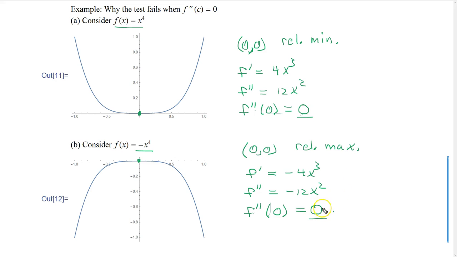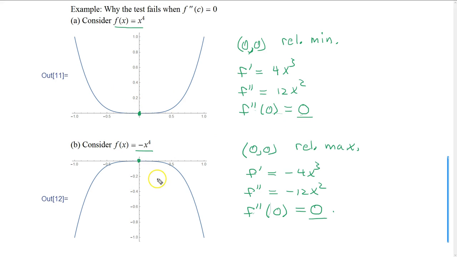So when the second derivative comes out to be 0, you have no idea whether you're going to have a relative minimum or a relative maximum, because here are two examples where either one happens when our second derivative is equaling 0. So that's why the test fails when the second derivative is equal to 0 and you have to go back to the first derivative test.